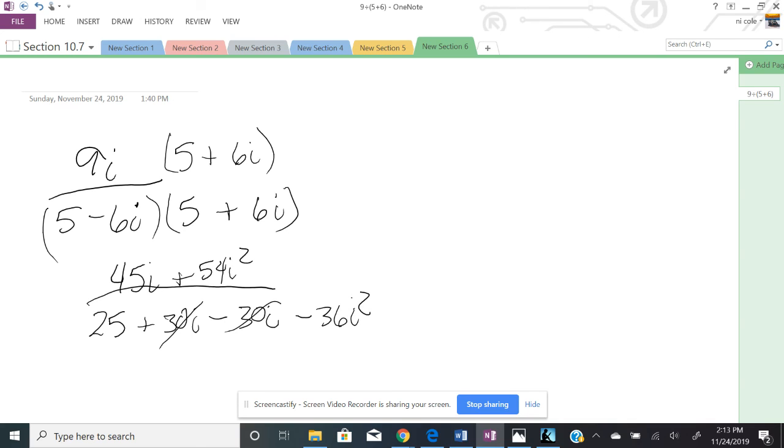Those cancel. So now I have 45i plus 54i squared over 25 minus 36i squared. Okay, again, I have to replace the i squareds with -1.